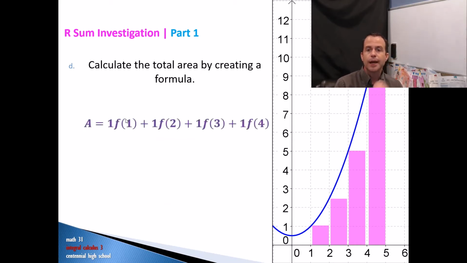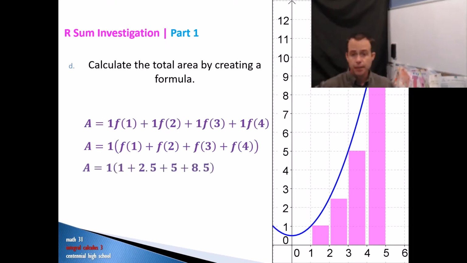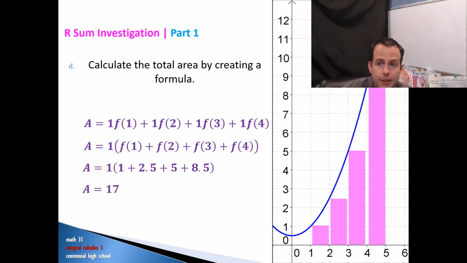That gives me 1 times f of 1 plus f of 2 plus f of 3 plus f of 4. I know f of 1 was 1, f of 2 was 2.5, f of 3 was 5, and f of 4 was 8.5. Adding all that together, I get 17. So 17 units squared is my estimation for the area under the curve using 4 rectangles.